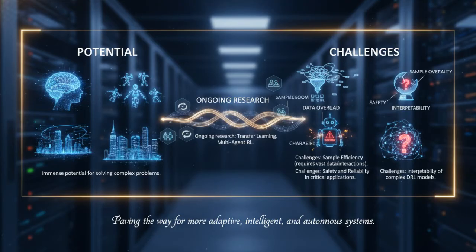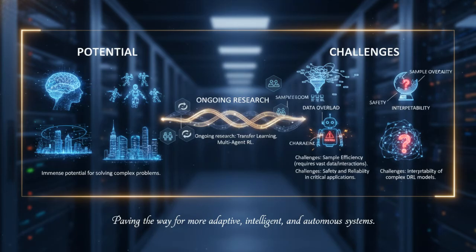Ensuring the safety and reliability of RL agents in critical applications is paramount, especially when deployed in environments where mistakes could have severe consequences. Furthermore, improving the interpretability of complex DRL models remains an active research area, so we can understand why an agent makes a particular decision.